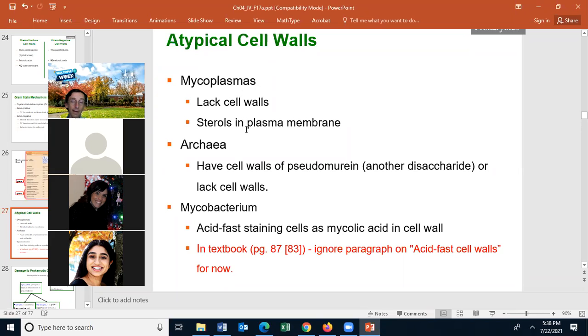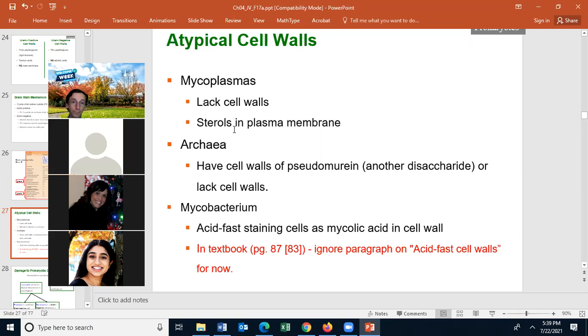And like our cells, which are animal cells, they have sterols in their plasma membrane to give the plasma membrane strength. If you don't know, our plasma membrane has cholesterol in it to give the plasma membrane strength. Any question about any of that?